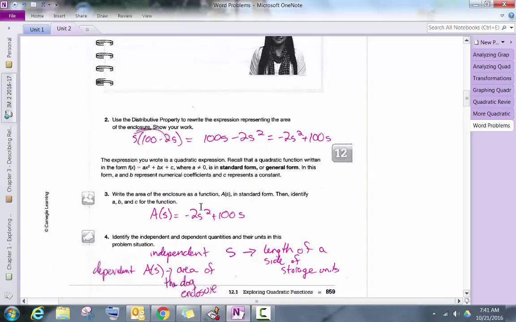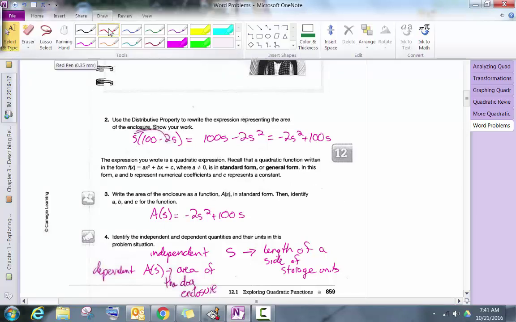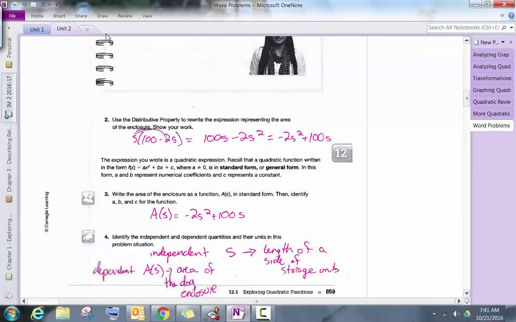Now we're going to write it as a function, A of S, in the standard form. So A is the area. S is the side length of one of those squares. So A of S is kind of like our f of x.